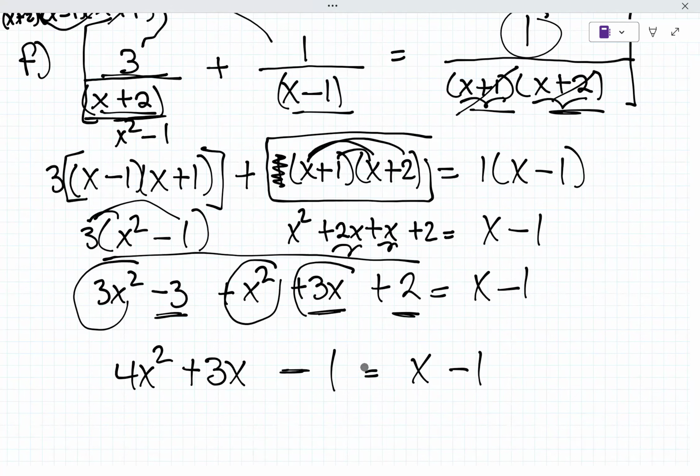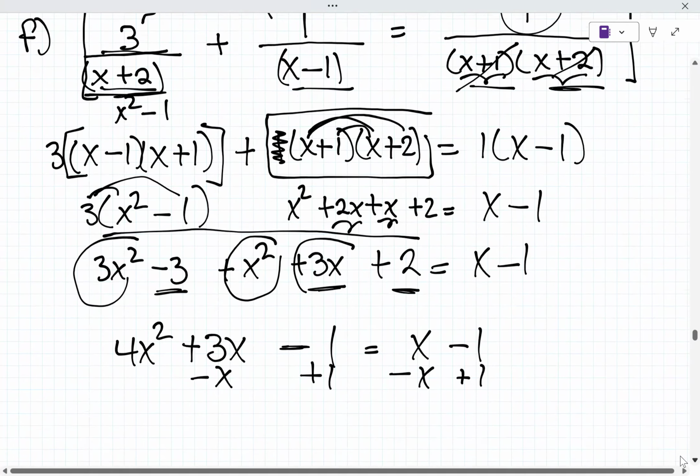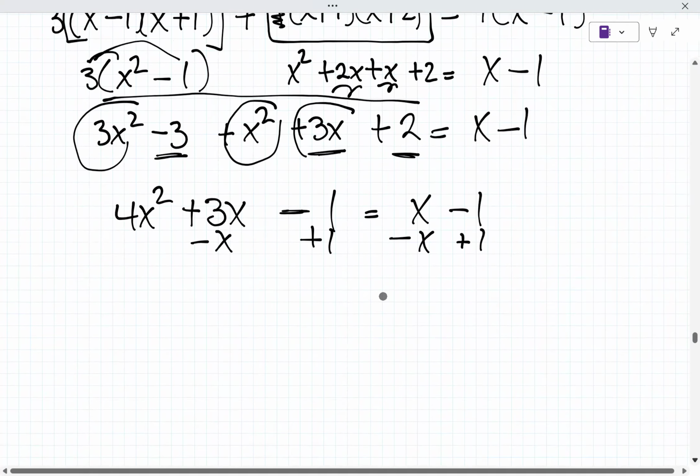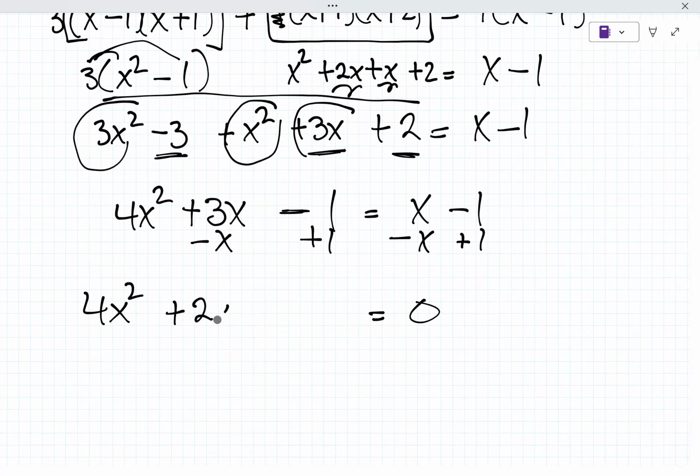Now it's wise to move over to the left side. We're going to subtract x, then add 1, to get 0, and then this is going to be 4x squared. 3x minus 1x is 2x. -1 plus 1 cancels. And then over here, it looks like you could factor out 1x, or really for this factoring method, you're going to factor using the greatest GCF.